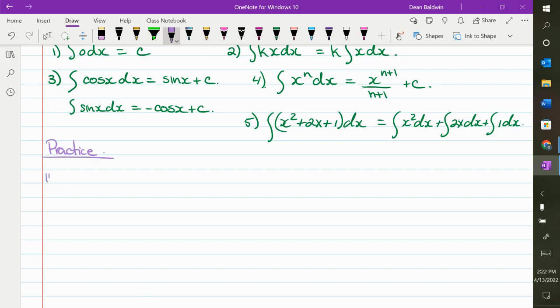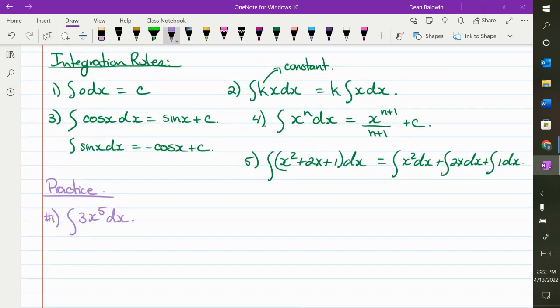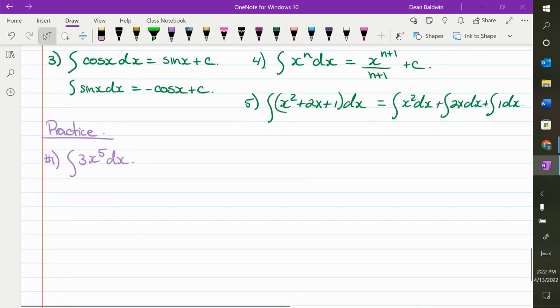Okay, we'll start with a simple one. Number 1. The integral of 3x to the 5th dx. Do we care about the 3? No, because you can pull it out, right? It's a constant. So we just write the 3.